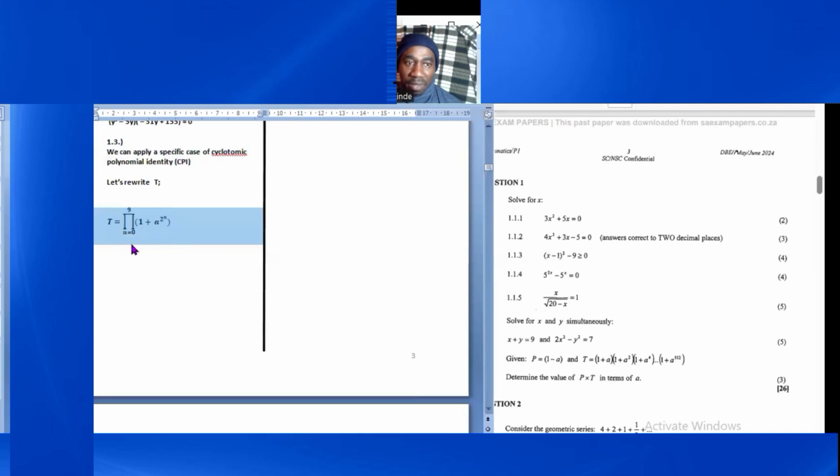So it means that the first term of this sequence would be obtained when n equals 0. If you substitute n equals 0 into this, you get the first term.